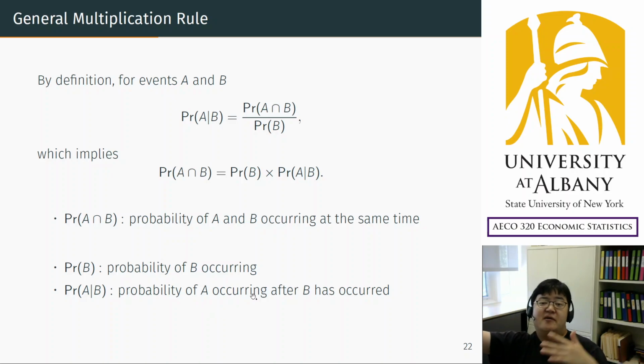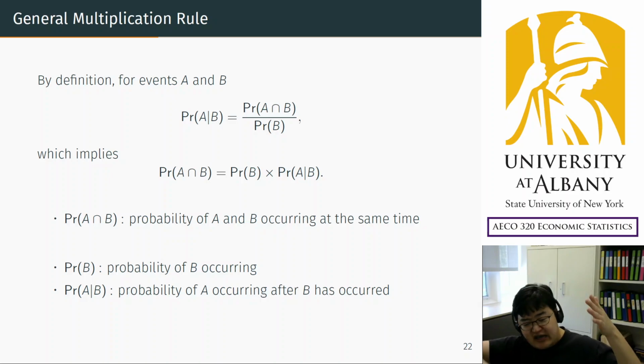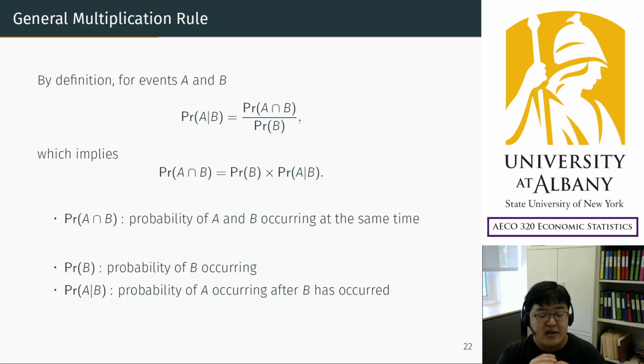It's sequential. B first, and then given B happened, what is A? So that is the meaning of this formula, and we call this the general multiplication rule. We call this the multiplication rule because probabilities are multiplied.